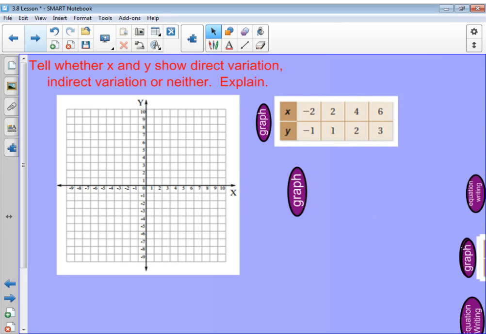Okay, why don't you go ahead and try this one. Identify whether or not it shows direct or indirect or neither of those variations. Go ahead and pause your video and work your way through this one, and then you can restart it to check yourself.